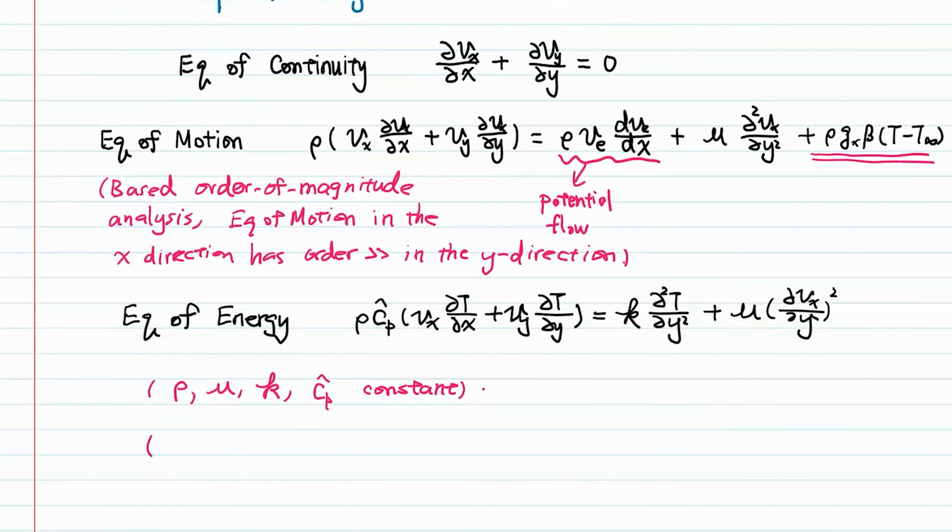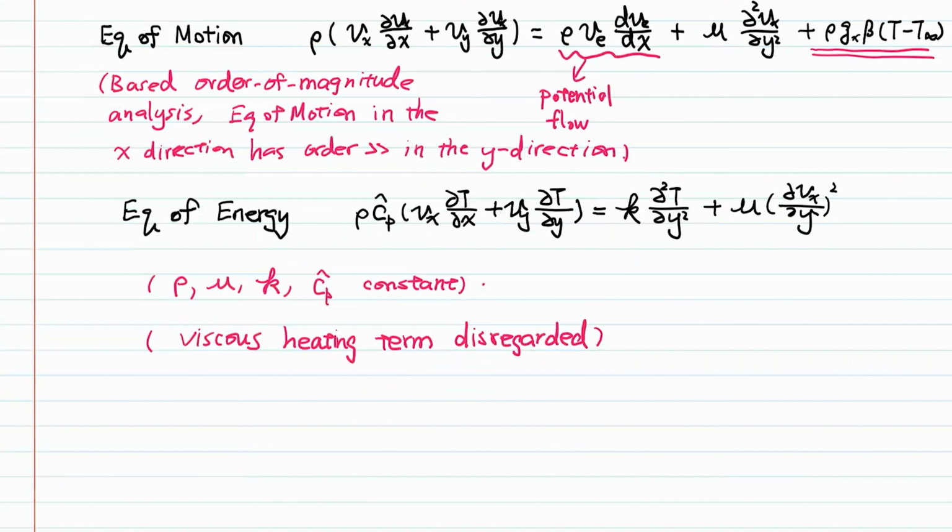And when you're very close to the solid surface, in most chemical engineering cases, we will disregard the viscous heating term. Once we have disregarded the viscous heating term, we have solutions, and we can solve for them.